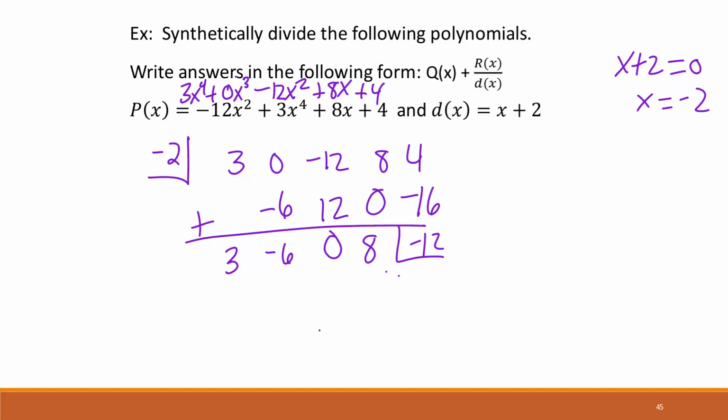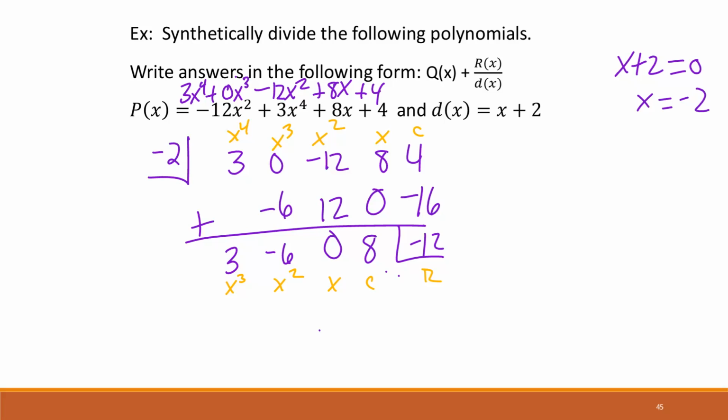So this was x to the fourth, x to the third, x squared, x, and our constant. So this time this is going to be x to the third, x squared, x, and our constant, and our remainder.